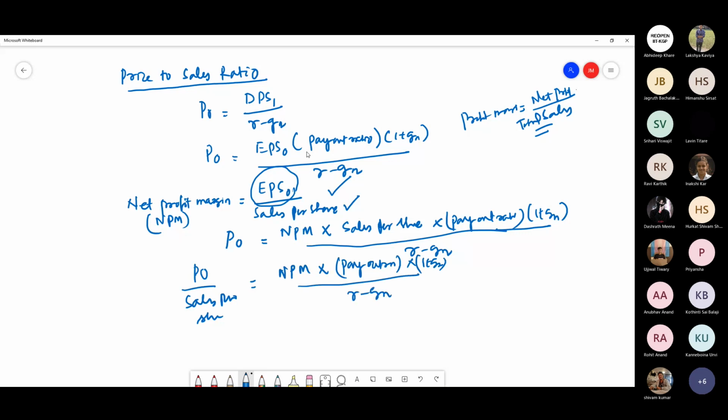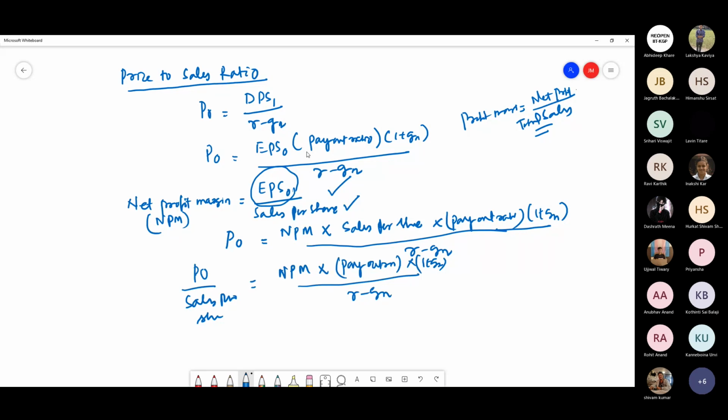That means your price to sales ratio is directly proportional to the profit margin and payout ratio, and inversely proportional to the required rate of return, which is r. That always happens because r is in the denominator.